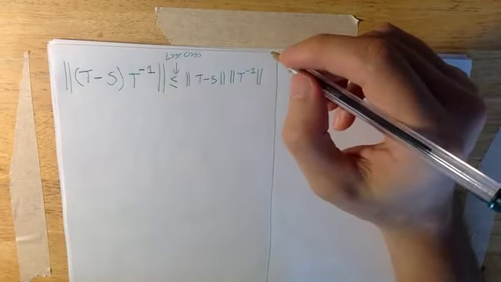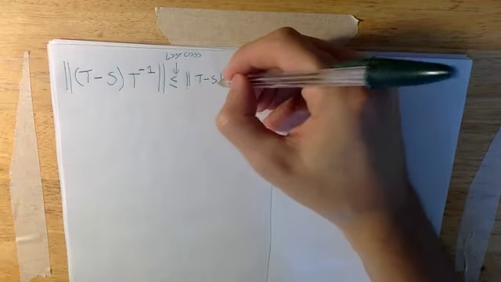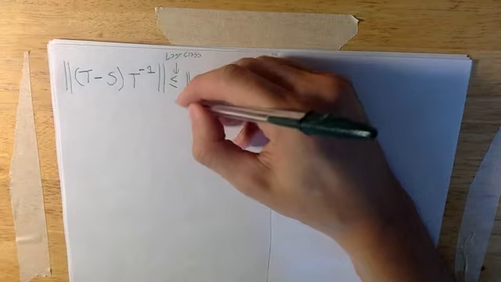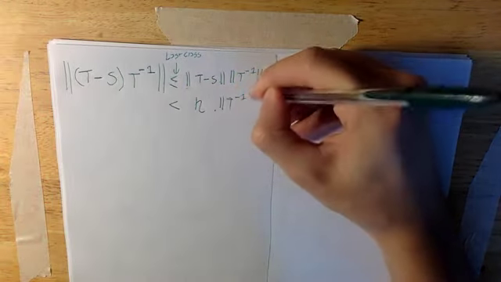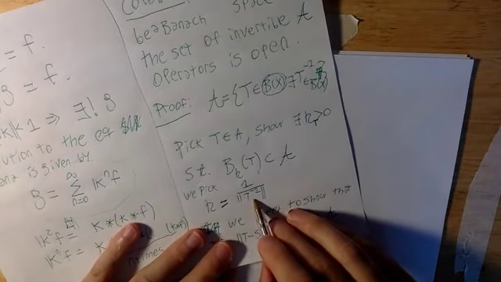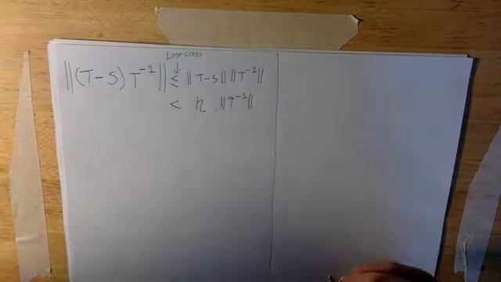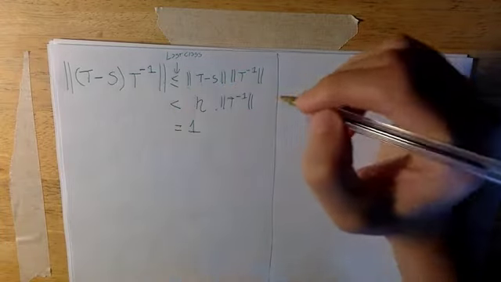But the norm of T minus S is less than eta by assumption, and we took eta to be equal to 1 over the norm of T inverse. So this is less than 1.